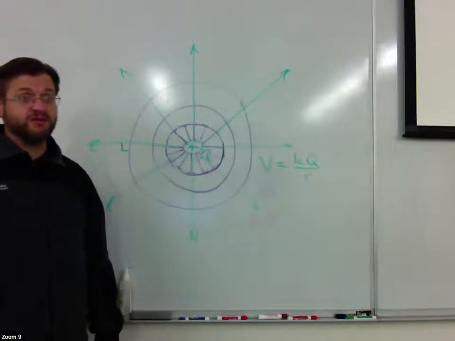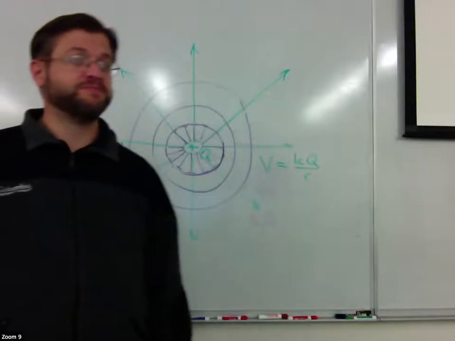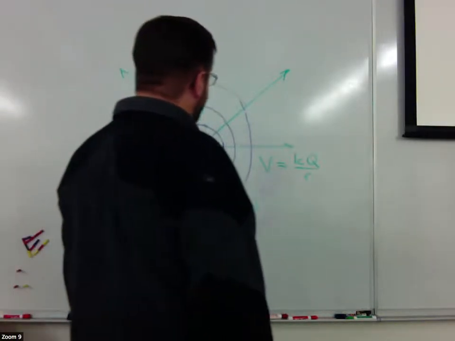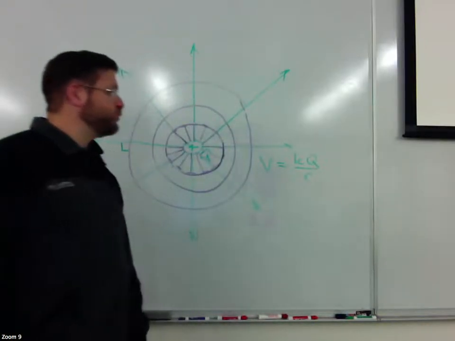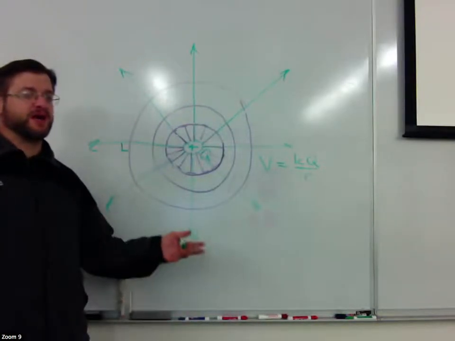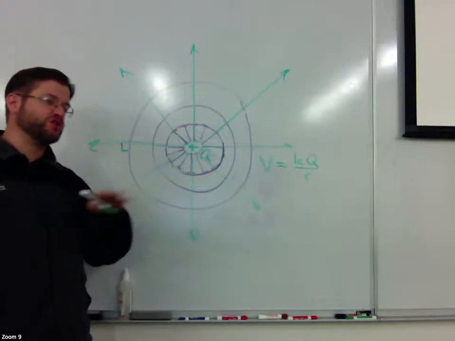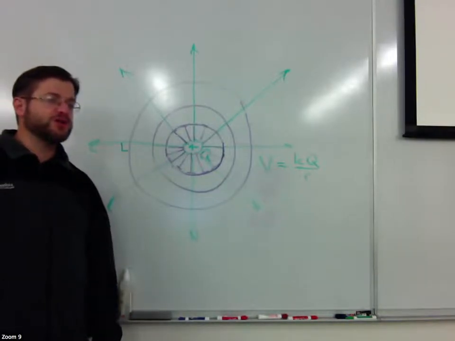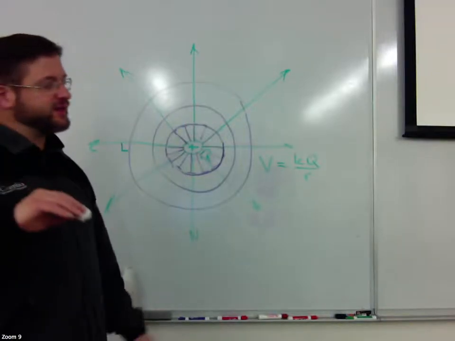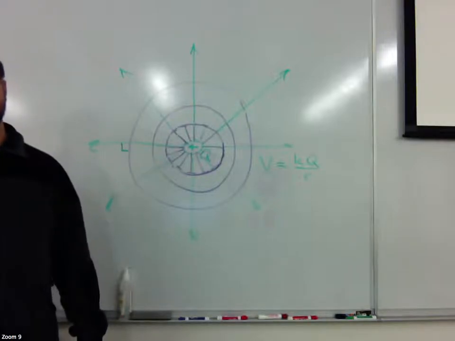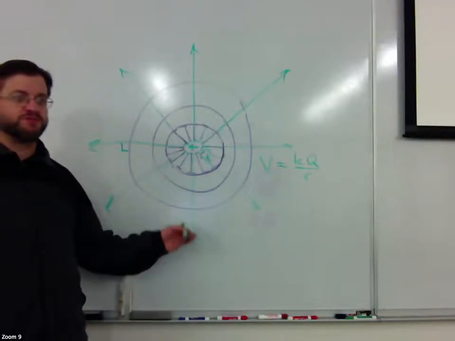Could you get to a 0 voltage? Is it negative? When it's an electron, is it considered negative? So remember, when it comes to potential energy, we have to choose our 0 point. And we usually choose our 0 point in electronics to be a point that is as far away from our charge as possible.